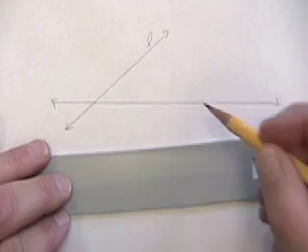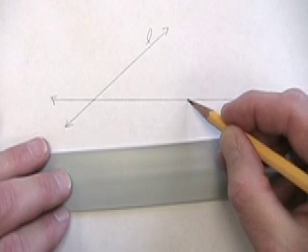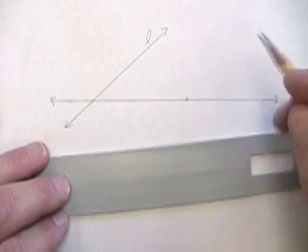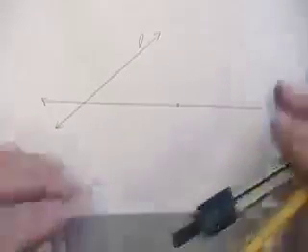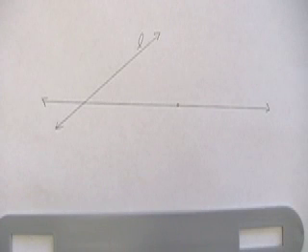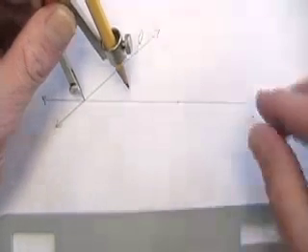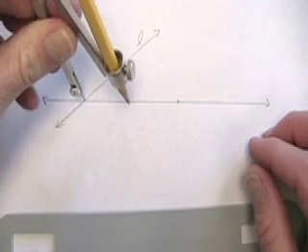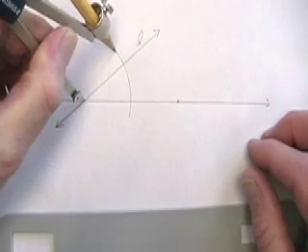So I arbitrarily pick another point out here on this ray, let's say there, and now I'm going to begin to construct basically two congruent angles. I'm going to begin by taking the compass at a medium setting, and I'm going to put the point at the vertex of that angle, and then draw an arc.